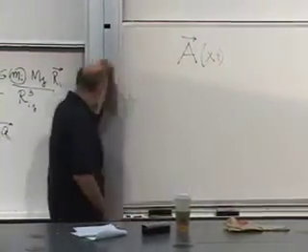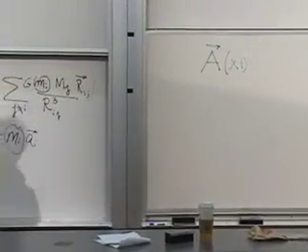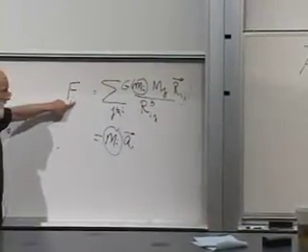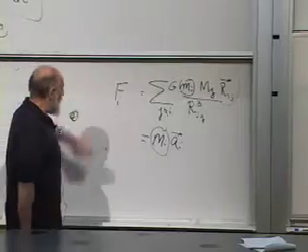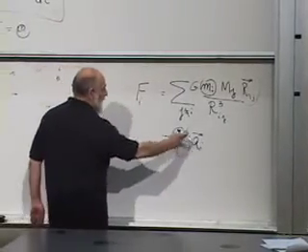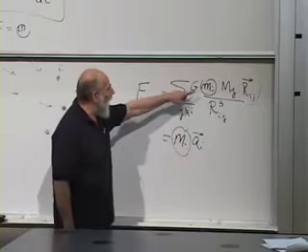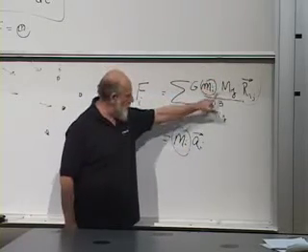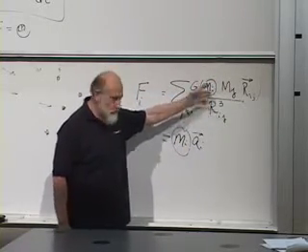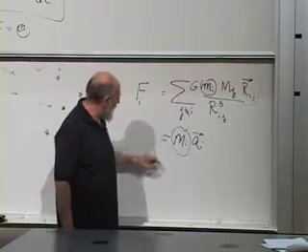We can even work out what it is. We know what the force on the ith particle is. Right? The force on a particle is the mass times the acceleration. So if we want to find the acceleration, let's take the ith particle to be the test particle. Little i represents the test particle over here.